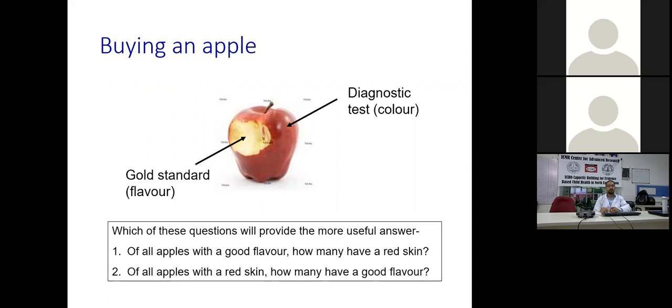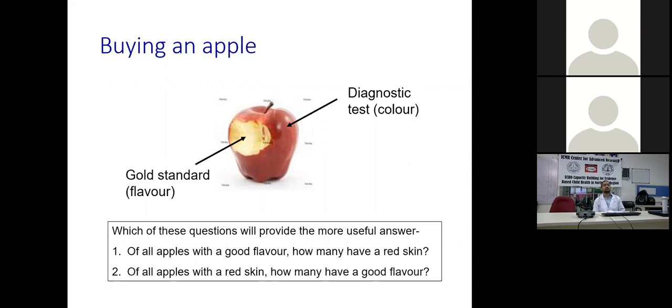I would leave you to ponder about this for 5 seconds, and then I'll tell you which question will provide the more useful answer. Well, it happens to be the second question. Of all apples with a red skin, how many have a good flavor?